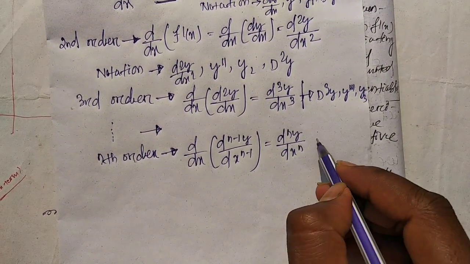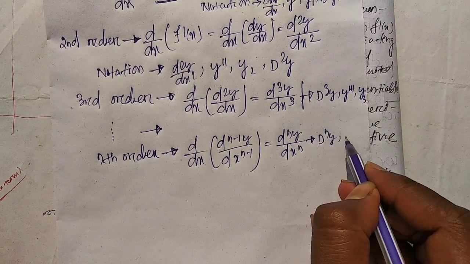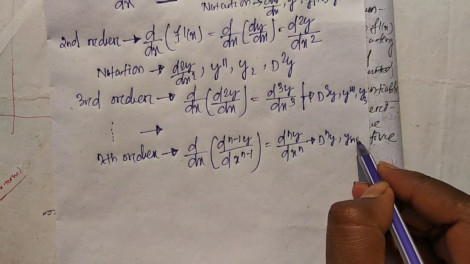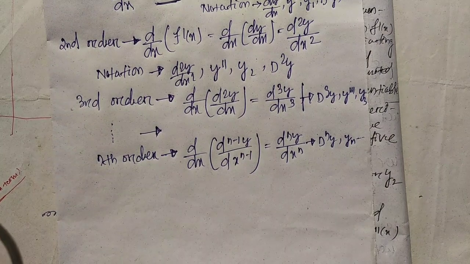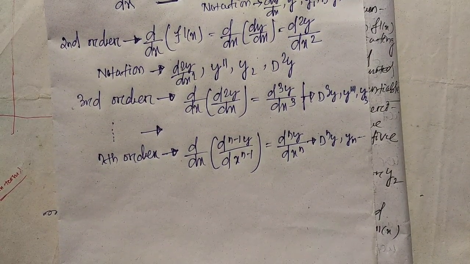So this is nothing but nth order. Its notation will be D n y, y n. Okay, so like this we have to proceed. So these are the notations and these are the concepts for higher order derivative.